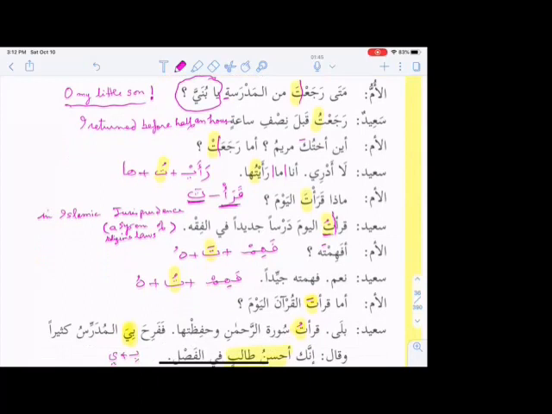Ama qara'ta al-Qur'an al-yawm? See, qara'a, Qur'an, mafulun bihi. Did you not read or recite the Quran today? Al-yawm, Quran mafulun bihi. Qara'a is a transitive verb. It will need mafulun bihi. Bala, yes.